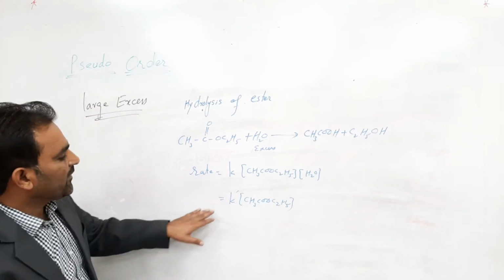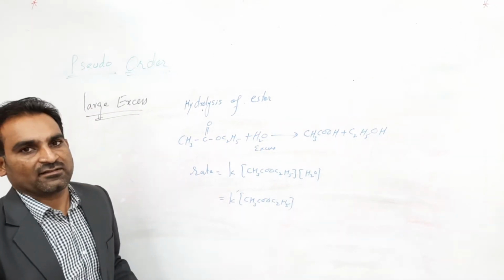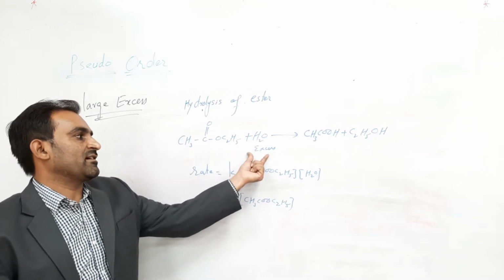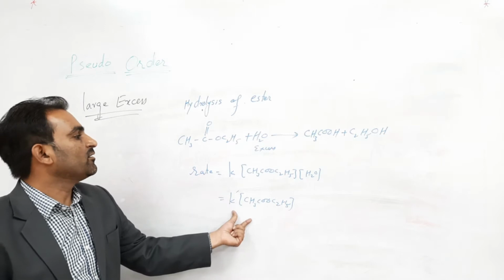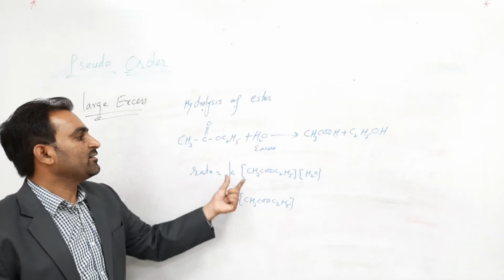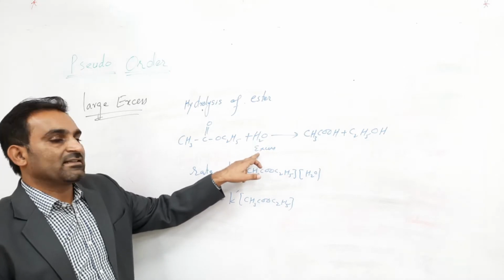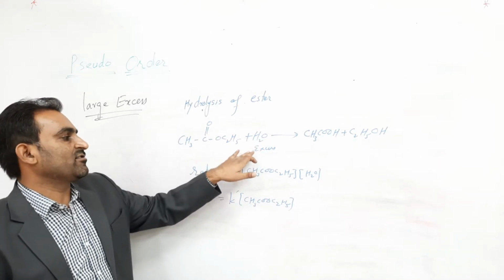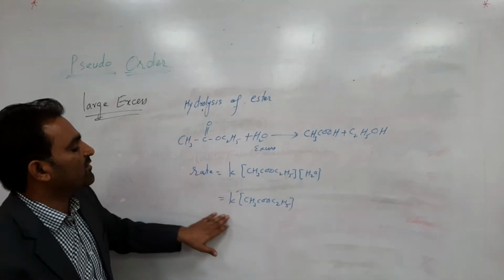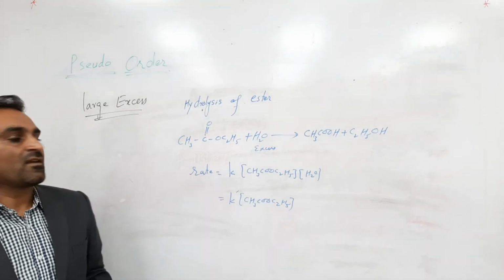So this is actually a first order reaction. But we have two reactants, and one of them is in excess, so it is actually not a first order reaction, but because this part is in excess and its change in concentration is not significant, we call it a pseudo first order reaction.